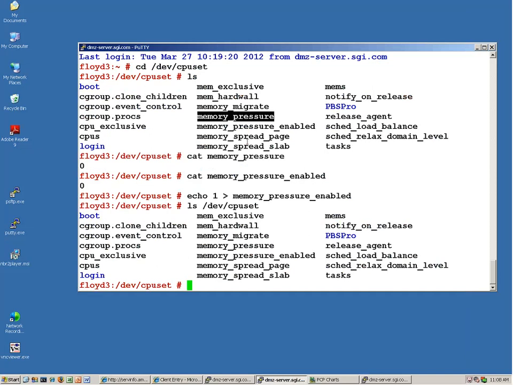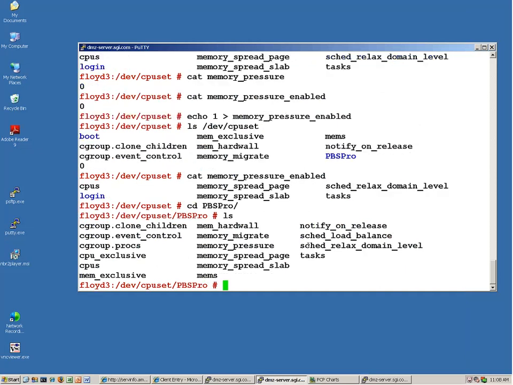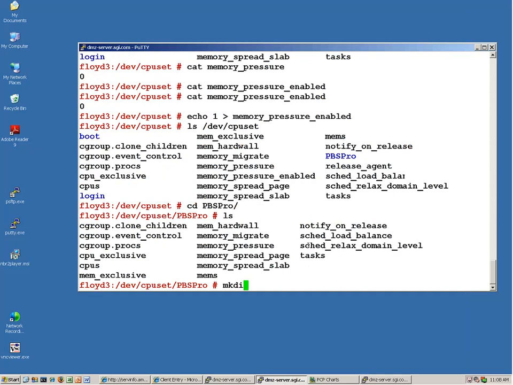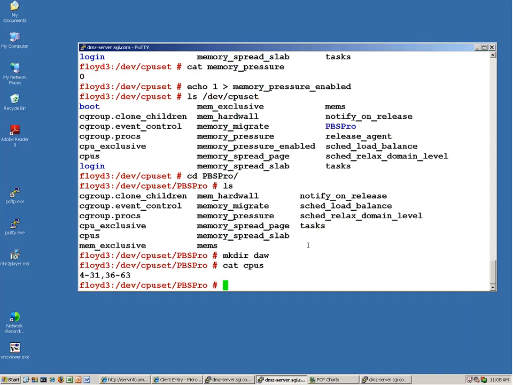Now I've got a boot and a login, and I got a PBS Pro. I'm going to go into PBS Pro. No jobs running right now. I'm just going to create a directory here, mkdir DAW. Let me just cat for CPUs 4 through 31, 4, 5, 6, 7. Okay, so I'm going to go into DAW.